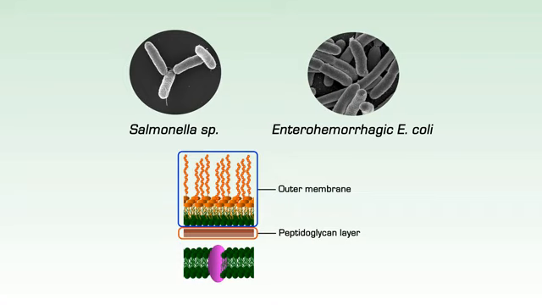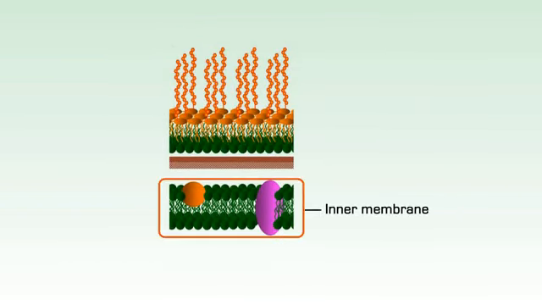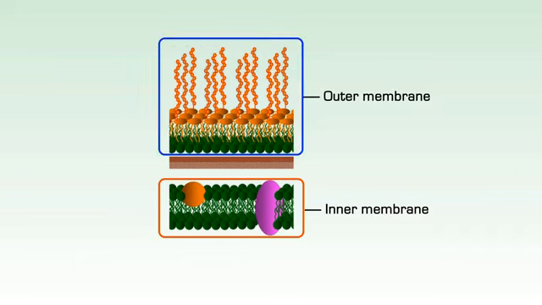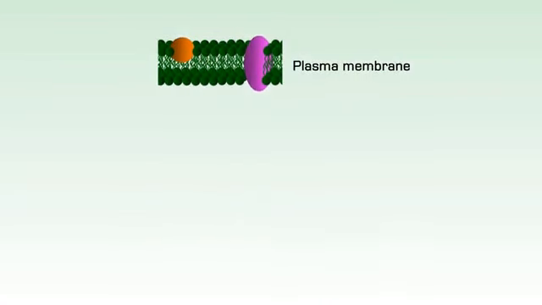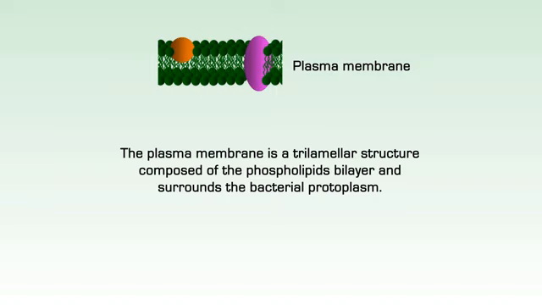The gram-negative bacterium is composed of two membranes, the inner membrane and the outer membrane. The inner membrane is called the plasma membrane, a trilaminar structure composed of a phospholipid bilayer that surrounds the bacterial protoplasm.